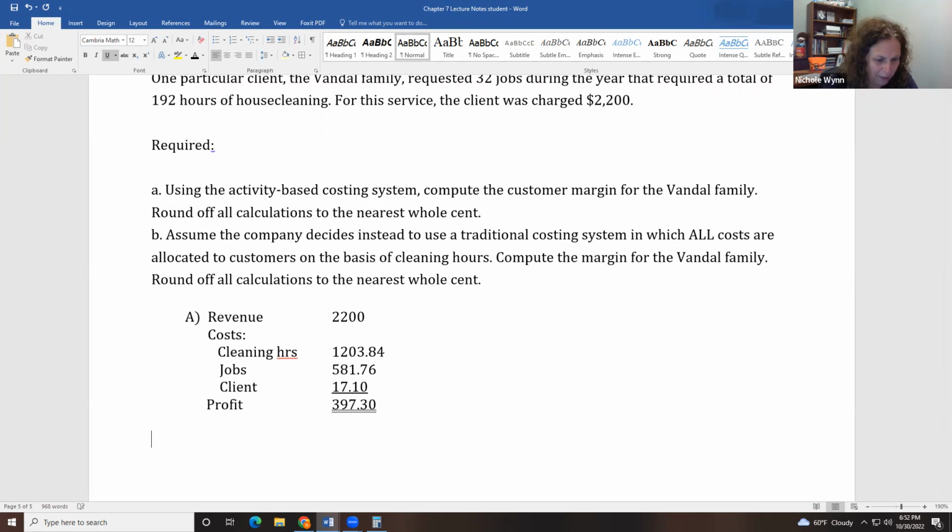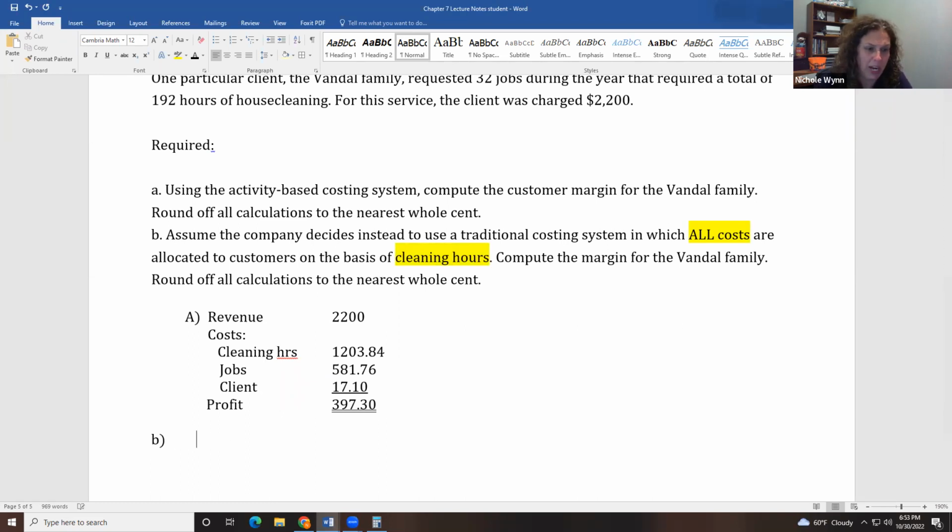Okay, now let's go ahead and do letter B. Letter B says, assume the company decides instead to use a traditional costing system in which all costs are allocated to customers on the basis of cleaning hours. Compute the margin. So the margin is revenue minus cost.